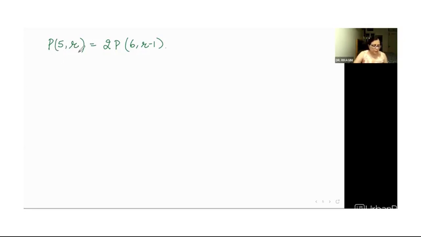This is an equation given to you, find r, right? I'm writing the formula here. nPr is n factorial by n minus r factorial. N is the total number of distinct objects we have, and we have to arrange r at a time. So the formula for nPr is n factorial by n minus r factorial.